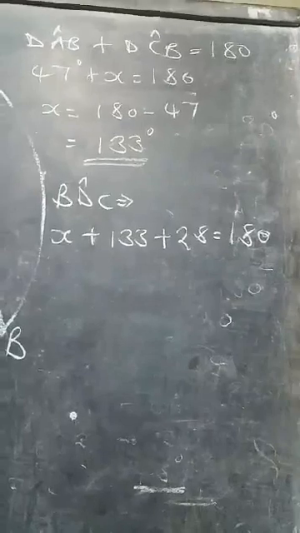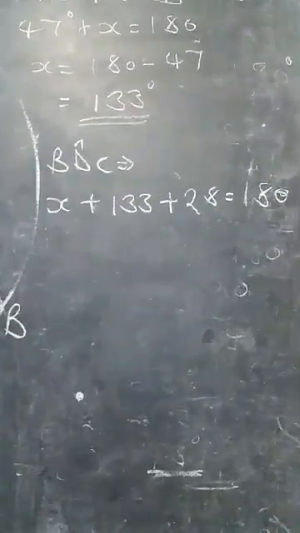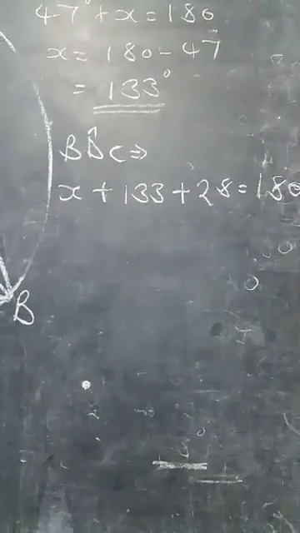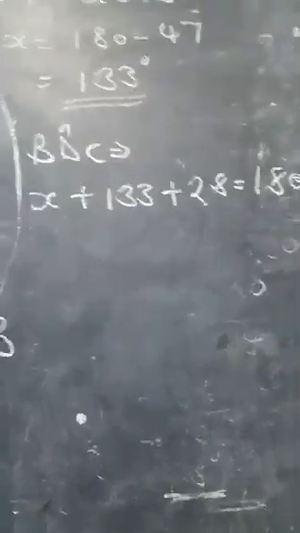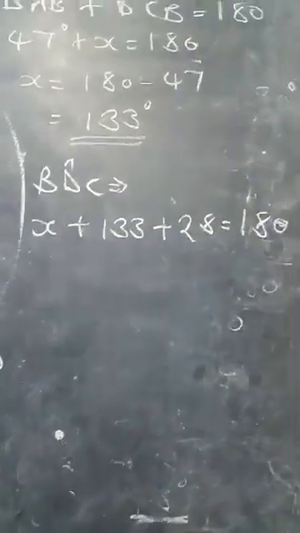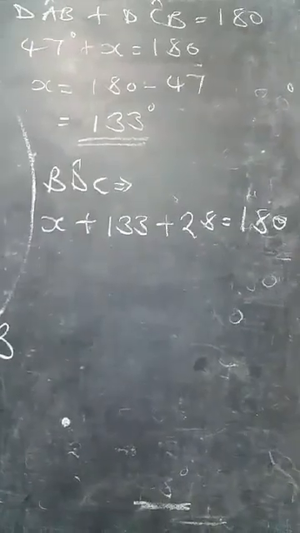That's finding BDC. So 133 plus 28, then from 180. That's how we are finding BDC.